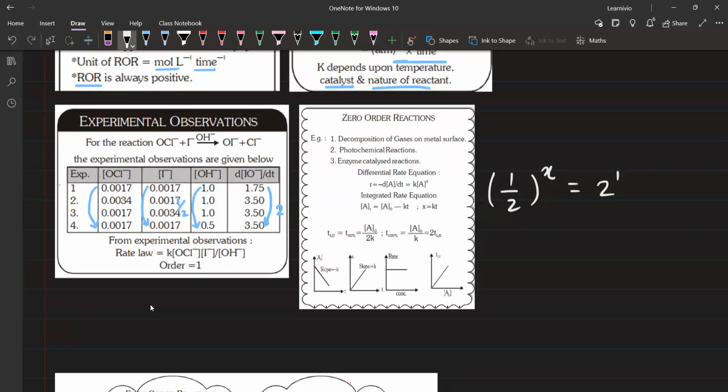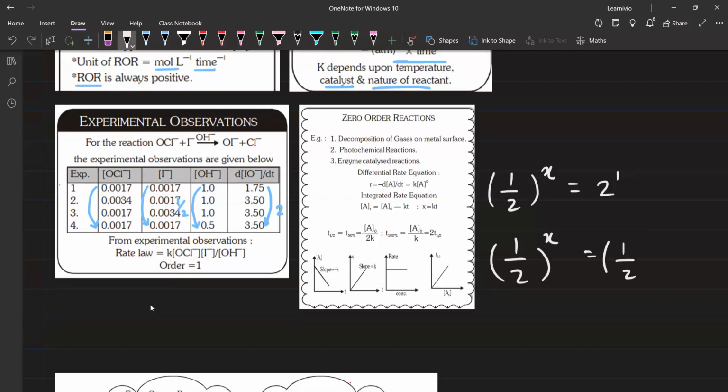Wait a second. X will not be equal to 1. I have to put it in this form to make the base the same. So I will put it as 1 by 2 to the power minus 1, right?